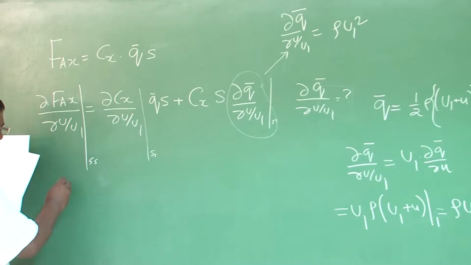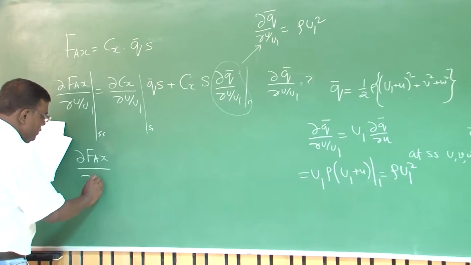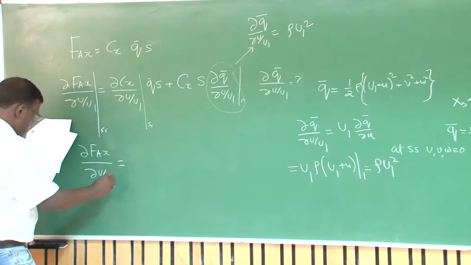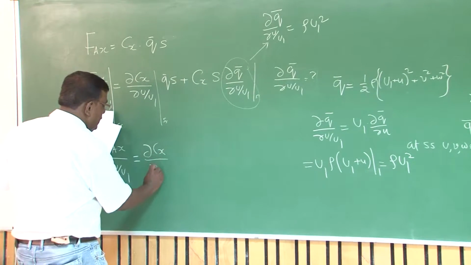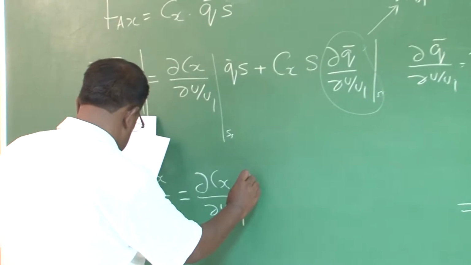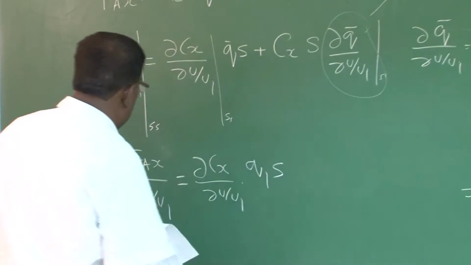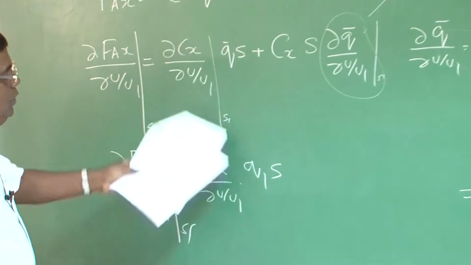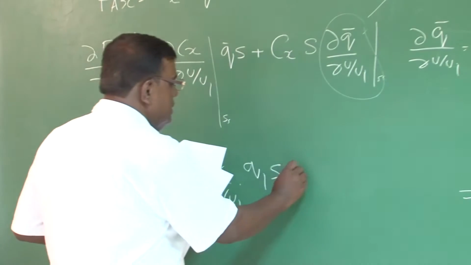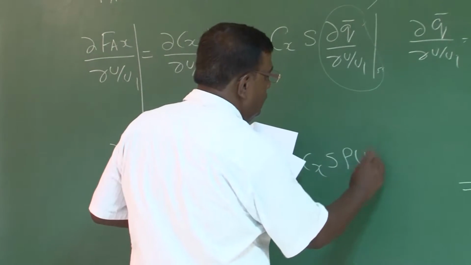So I can write dfAx by du by u1 is equal to dCx by du by u1 into q1s. Now I write 1 because I have to evaluate this at steady state. So for q I write q1s plus Cx s into rho u1 square.